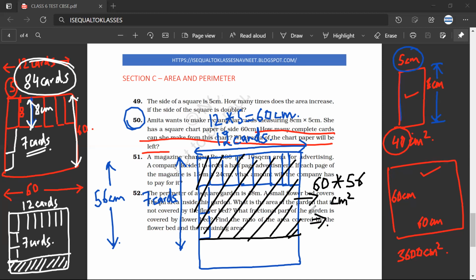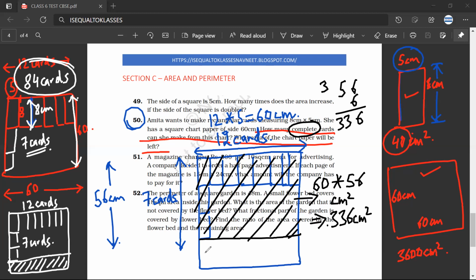No, sir. Mr. Satya, is there a doubt still? No, sir. Because you can't tear the card. They have said how many complete cards. So 6 sixes are 36, 6 fives are 30. You only will be able to cover 3360 centimeter square.